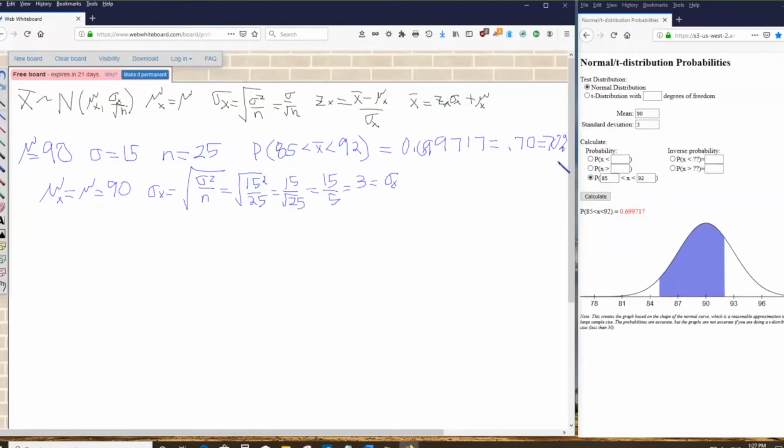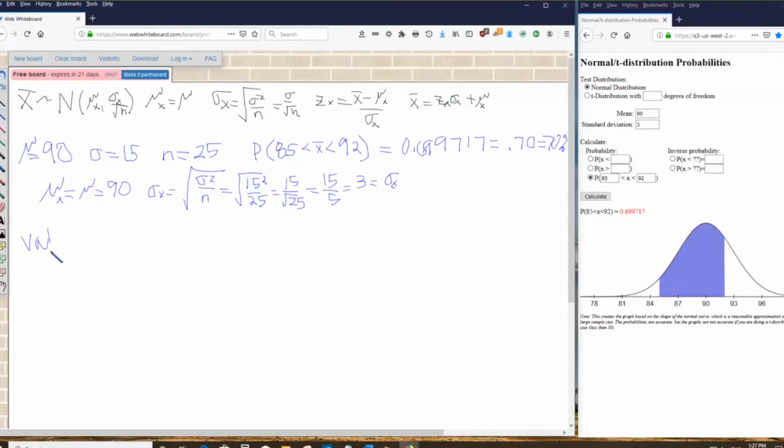Okay, so now the next thing, it says find the value that is 2 standard deviations above the expected value of 90 of the sample mean. So for that, we're wanting to find the value.